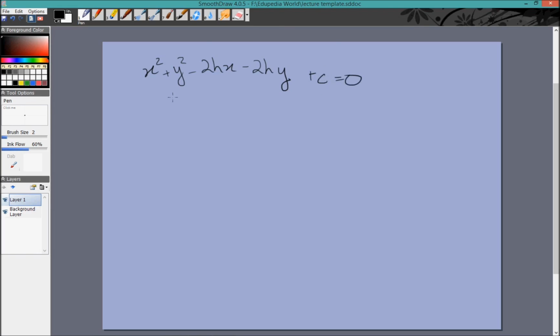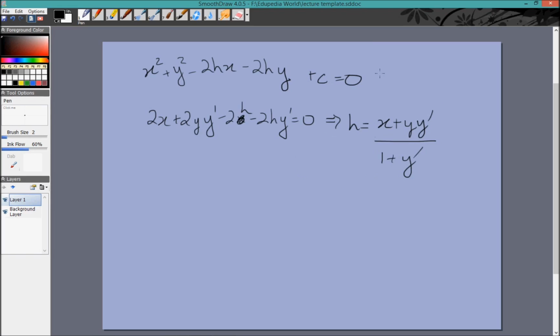We can differentiate this once with respect to x, so that gives me 2x plus 2y dash minus 2h minus 2hy dash is equal to 0, which gives me h is equal to, sorry, x plus y dash divided by 1 plus y dash.